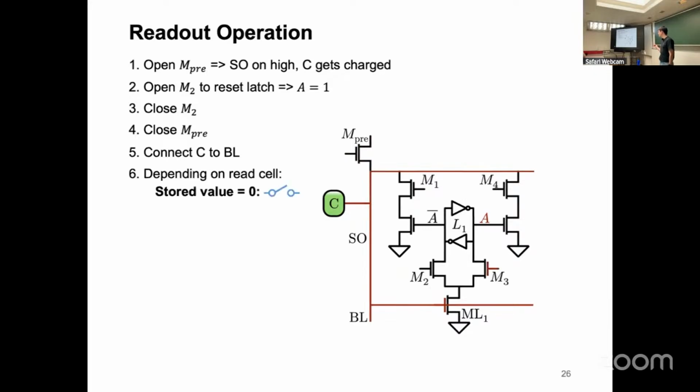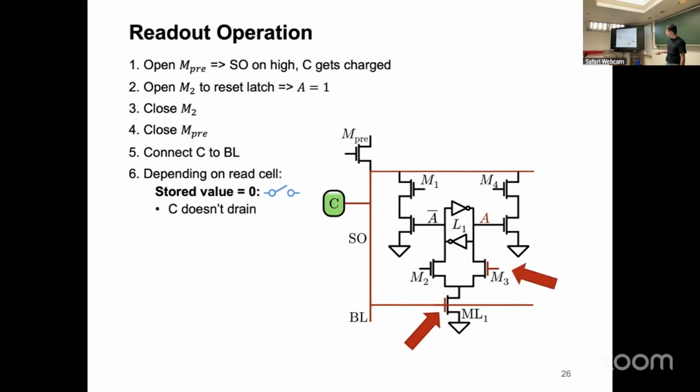And now if we read a cell with a stored value of 0, it behaves as an open switch. So C does not drain, and thus the ML transistor is activated because SO is on high.